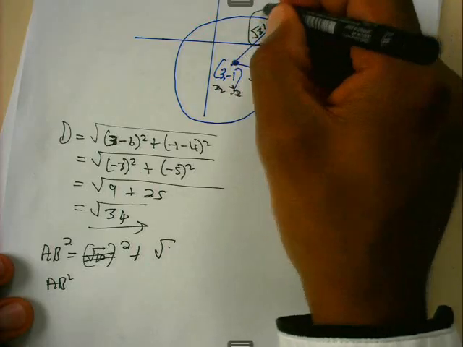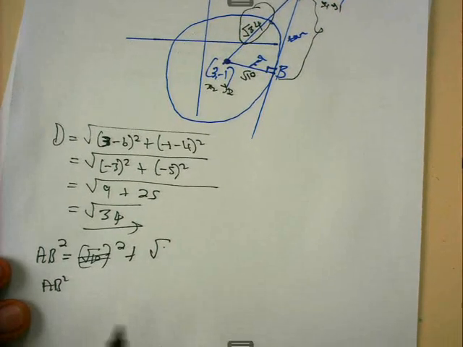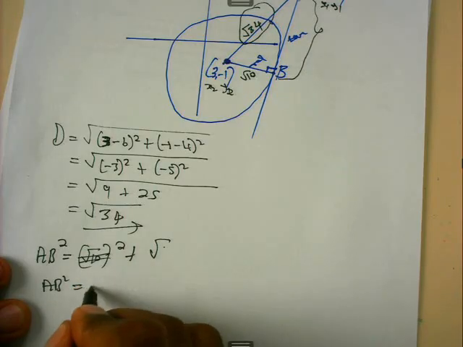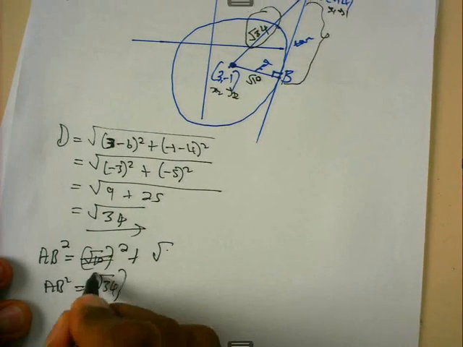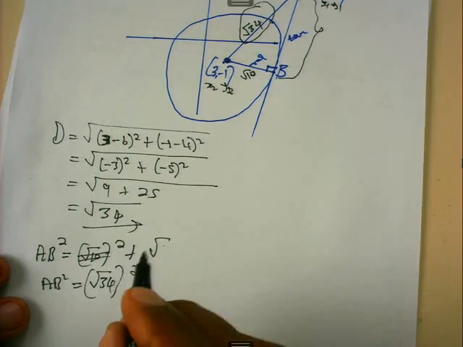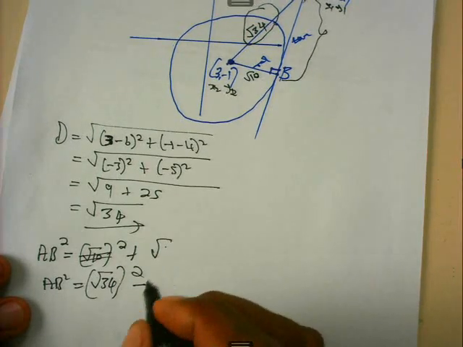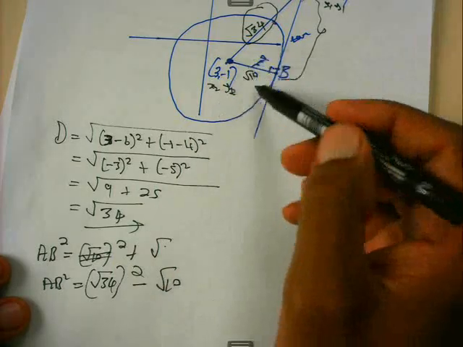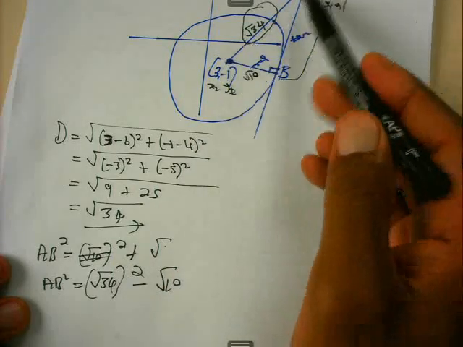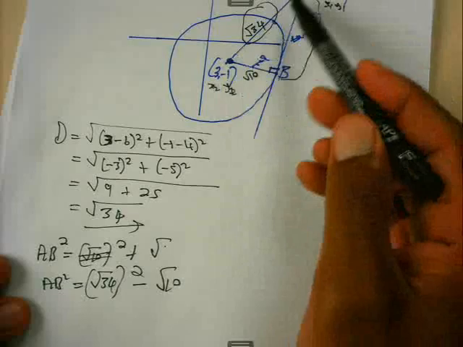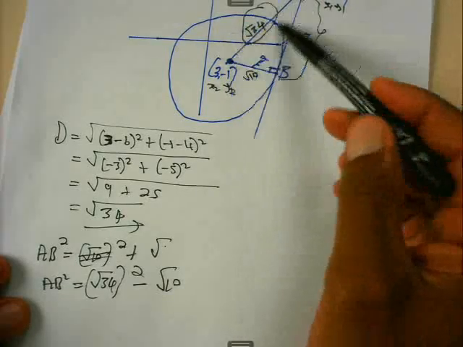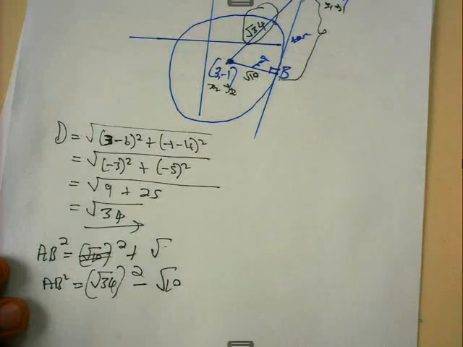The bigger side, of course, is this one here. Now AB squared will be the bigger side, the square root of 34 all squared, minus the square root of 10. Because remember, we only added the 2 if we are finding the longer side, the hypotenuse. But now we are finding another side. That is why we must take the hypotenuse side minus the square root of 10.